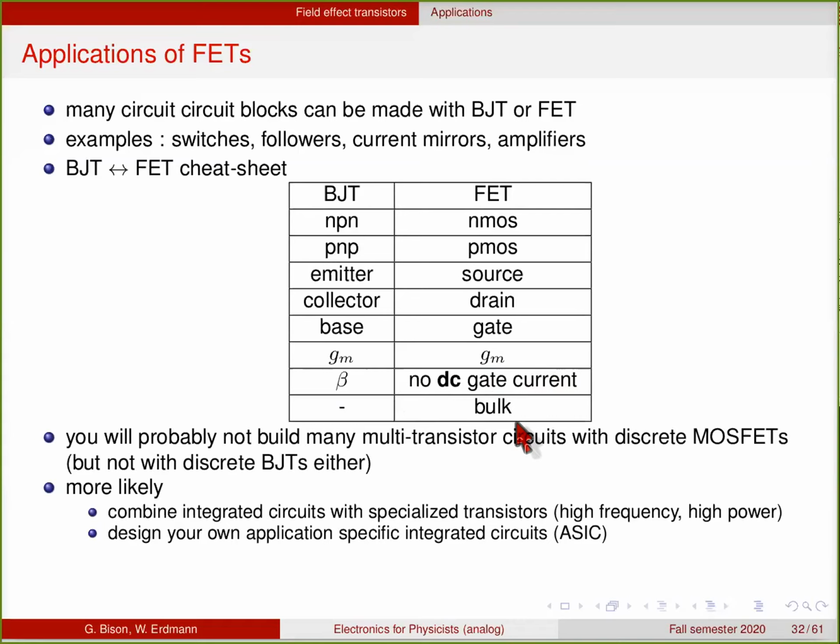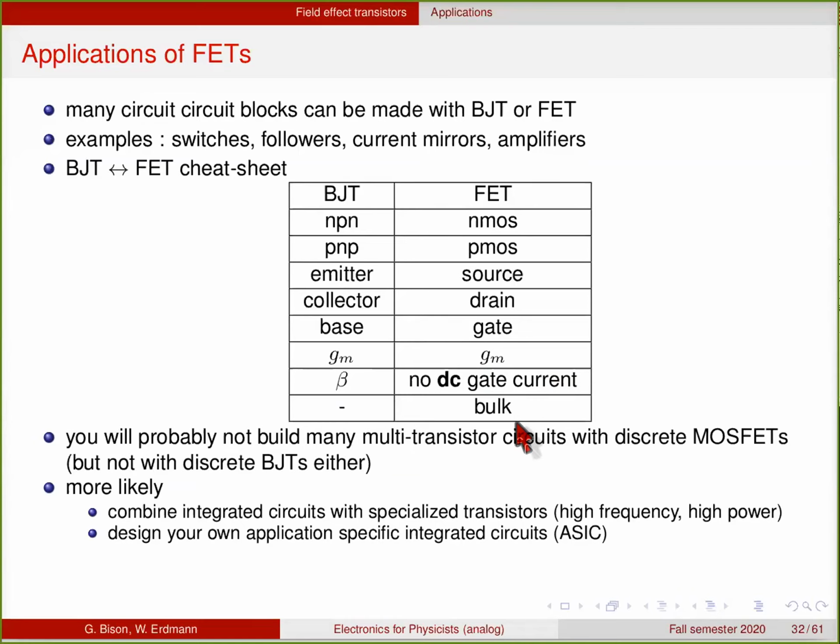Now, probably in practice, you will not build many circuits with more than one or two discrete transistors in MOSFET, but probably also not in bipolar. What is more likely is that you combine these transistors with integrated circuits that you buy commercially to give them special properties for high frequency or high power and so on.